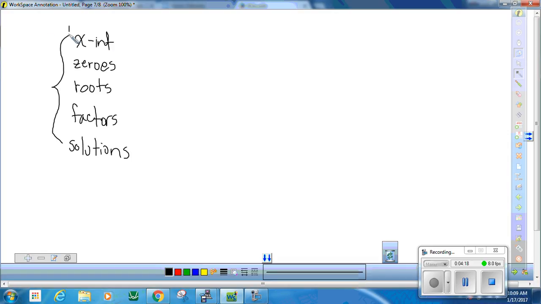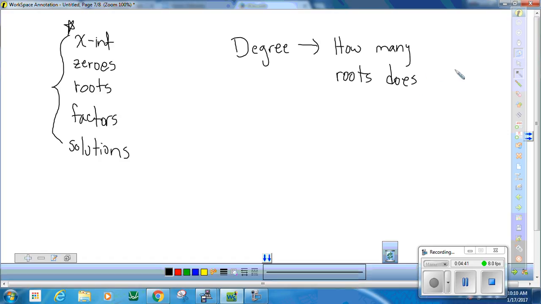But for our intents and purposes today, with the x-intercepts, what we want to talk about is that the degree of a polynomial tells us how many roots the polynomial has.